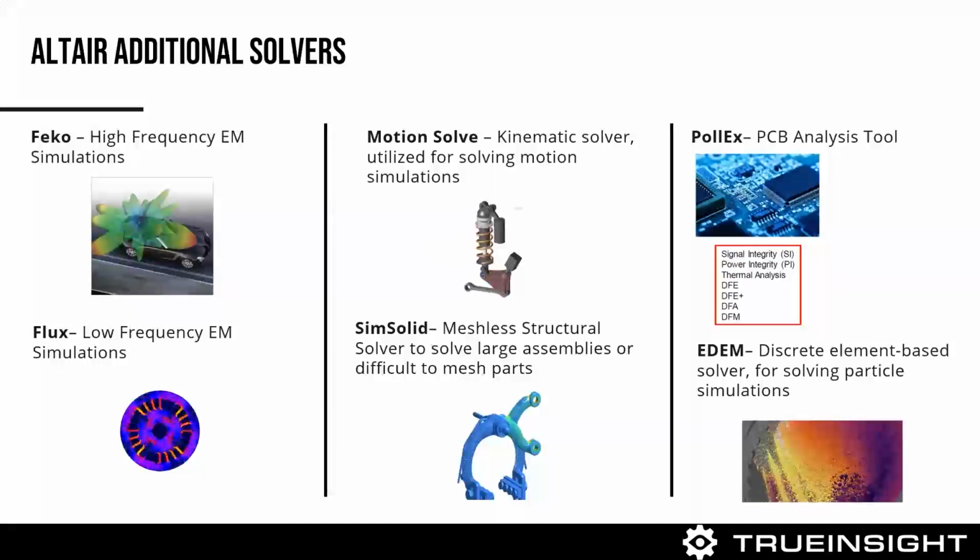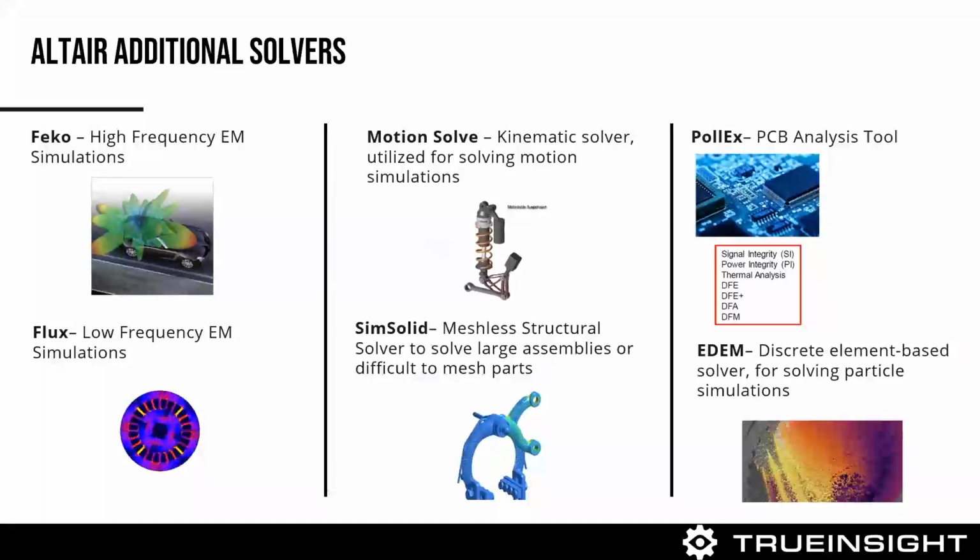The last two solvers I have on this slide are POLEX and EDEM. POLEX is a PCB analysis tool. It's really board specific, and the solvers it has are signal integrity and power integrity. So if you're looking at voltage drop or current drop across your PCB, it can simulate that. It also has thermal analysis capabilities, but this would just be for the board level itself.